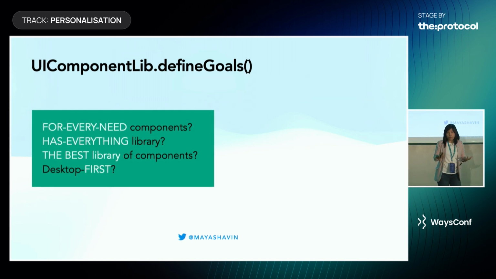Is it right to define that the component library will be a very big component library for everything, with state-of-the-art components for desktop? Well, this is too generic. You can try to build the next Bootstrap, but usually it doesn't work because we already have Bootstrap.